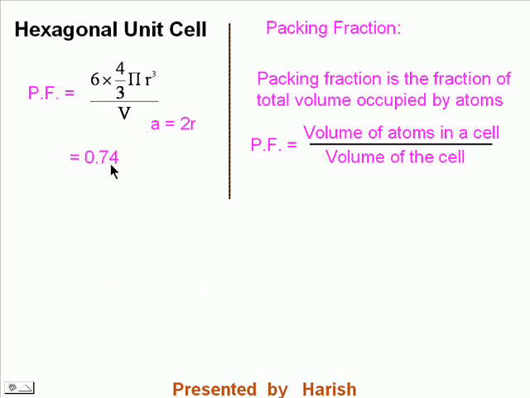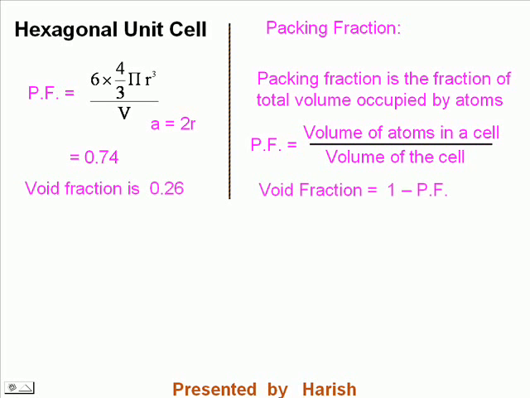Now what is the packing fraction? Packing fraction is 0.74. And if you remember, packing fraction for FCC is also 0.74. We learned that that's the best packing that is possible. 0.74 is the best packing possible. Can't have efficiency more than 74%.